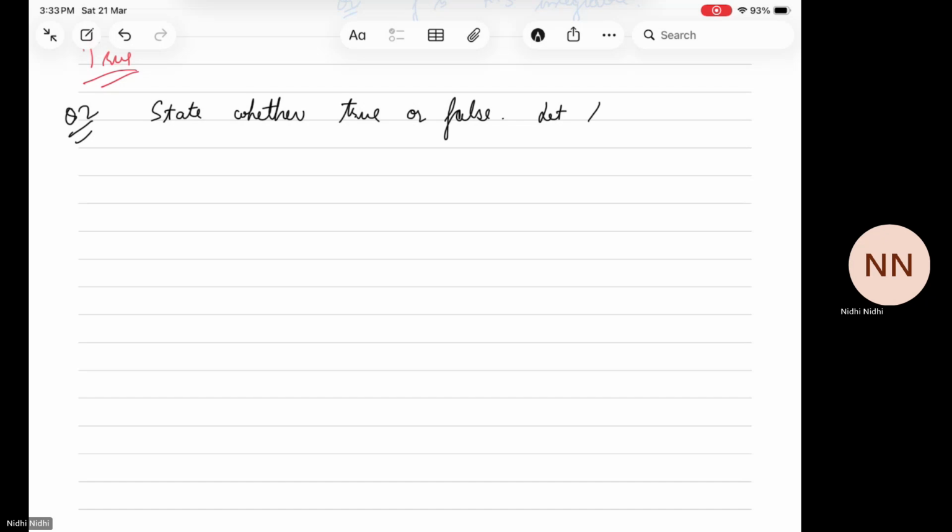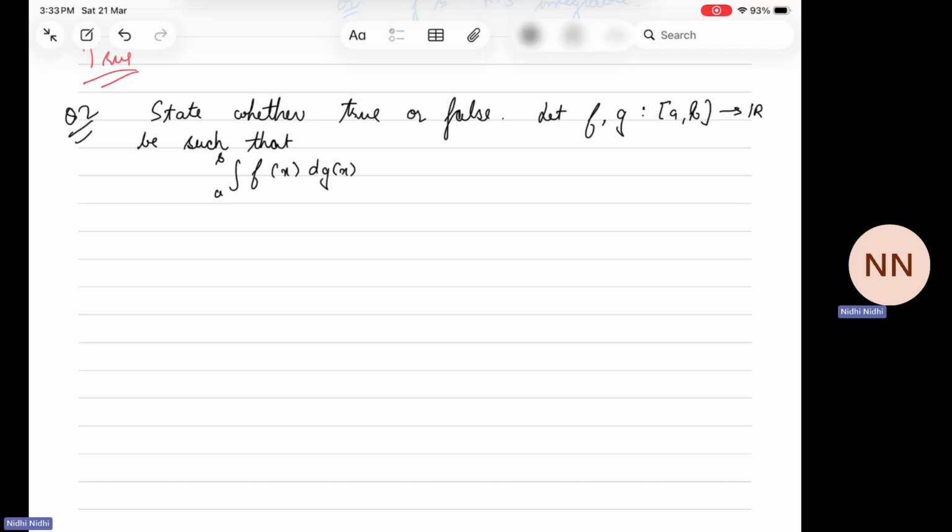Let f and g be two functions defined from the closed interval [a, b] to R such that the integral from a to b of f(x) dg(x) is finite.